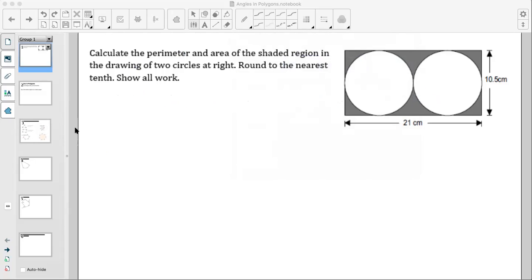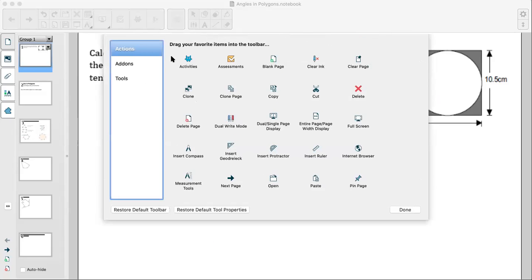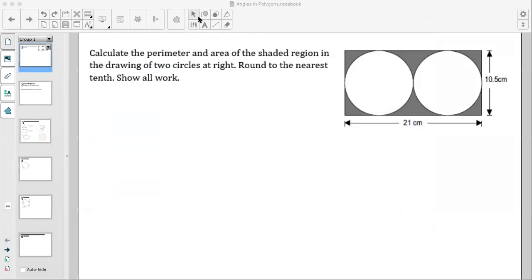Every rectangle is a parallelogram with the additional condition that all the angles are right angles. So still a parallelogram, but now we got a right angle here and a right angle there and a right angle here and a right angle there. So a rectangle is a parallelogram with four right angles.